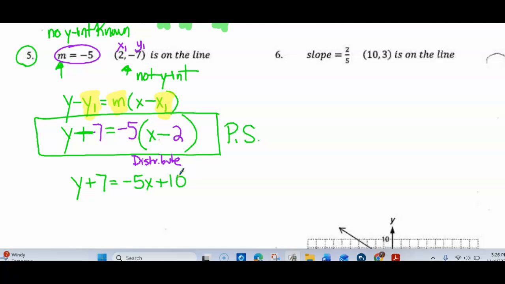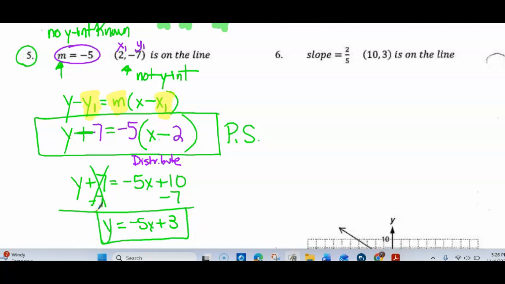But this is not in slope-intercept form because it's not y equals. So I'm going to get the y by itself by subtracting 7 on both sides. These opposites are gone. Y equals -5x plus 3. And that is in slope-intercept form.